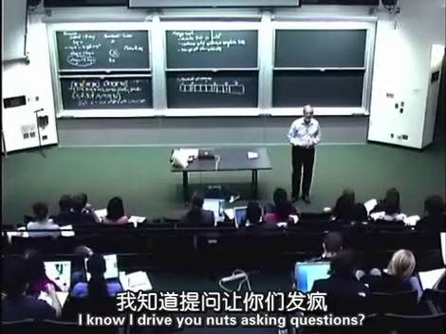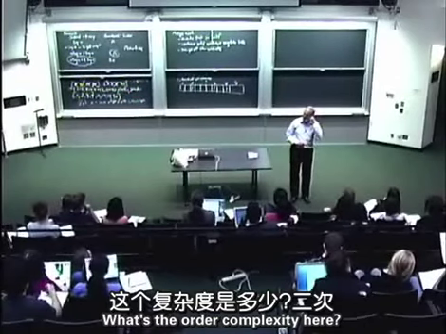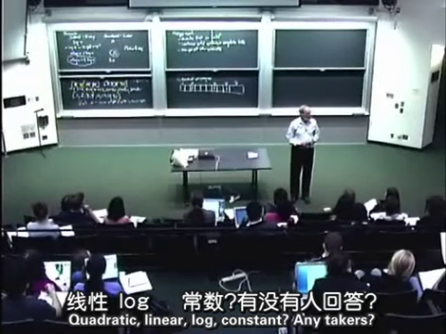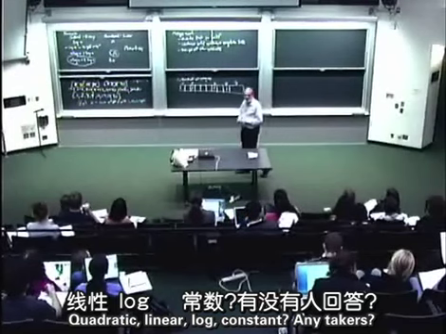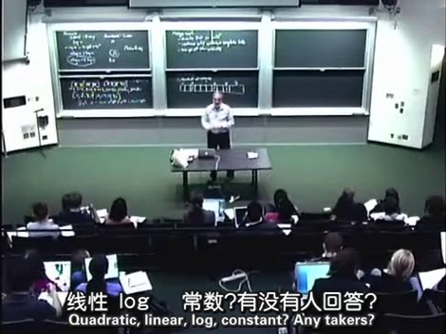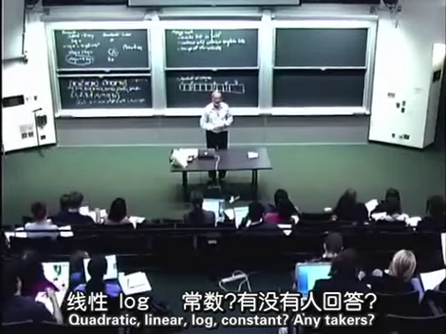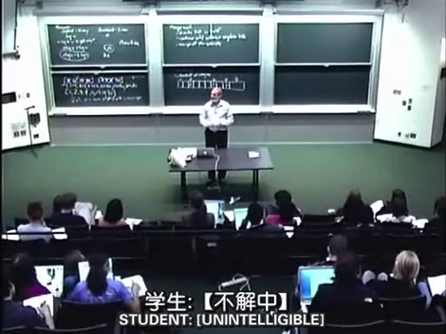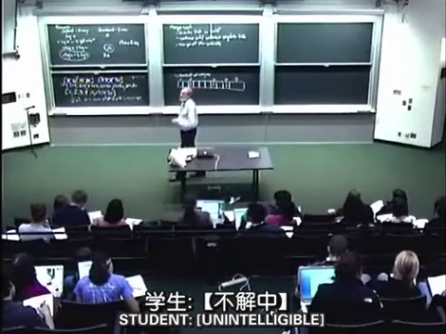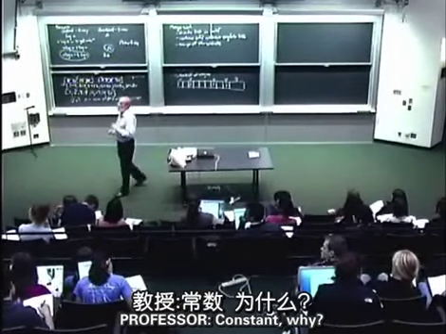I know I drive you nuts asking questions. What's the order of complexity here? Quadratic? Linear? Log? Constant? Any takers? I know I have the wrong glasses on to see hands up. Who said it? Constant. Why?